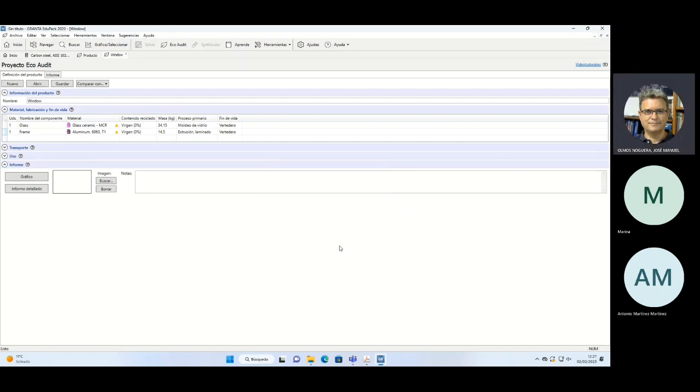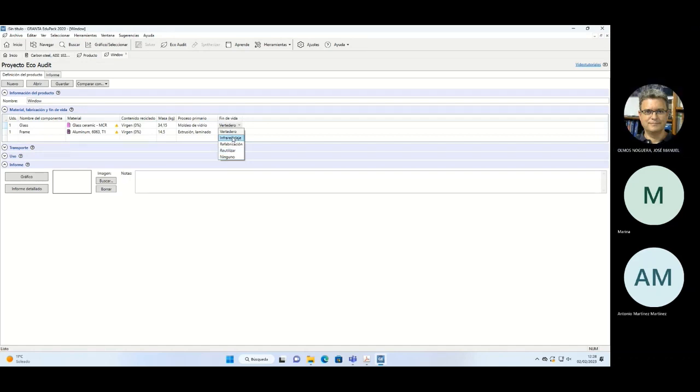Change from landfill to something else. Okay. The glass. We can downcycle, remanufacture, reuse, or do nothing. Nothing. So, what? Recycle?